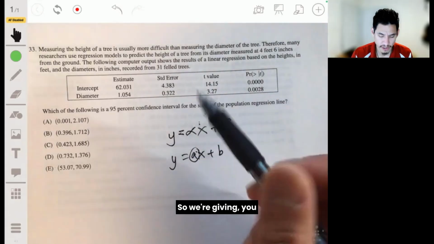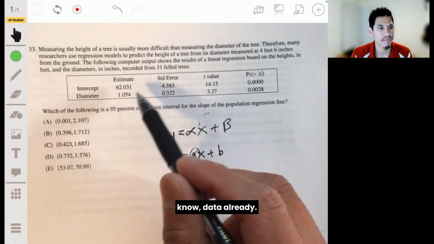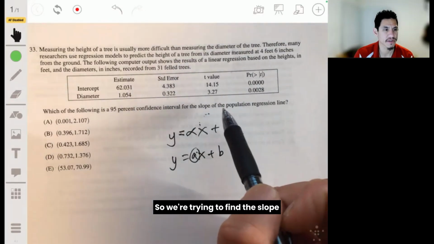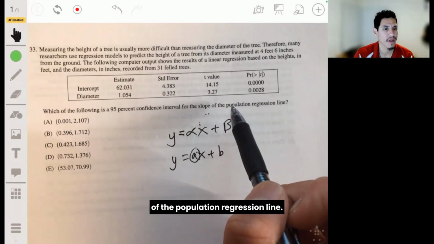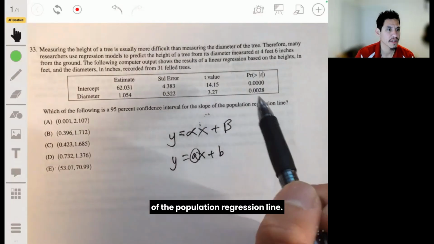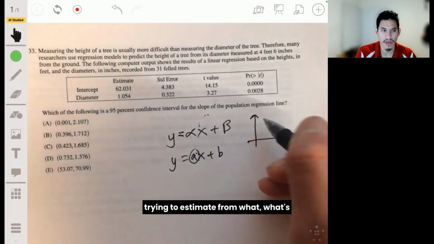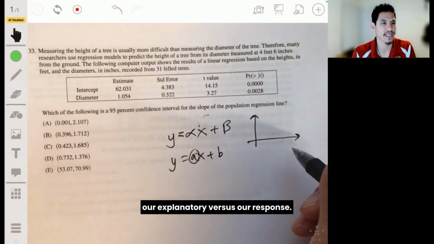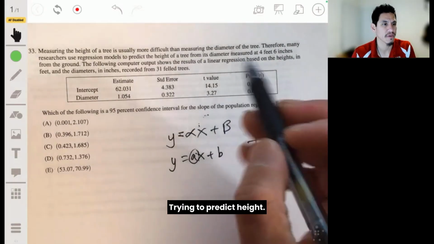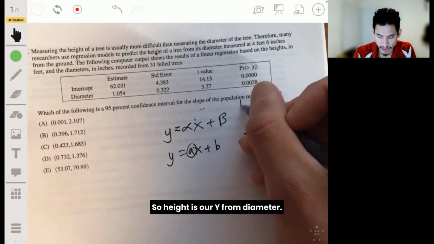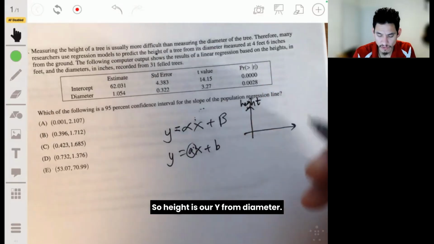So we're given data already, and we're trying to find the slope of the population regression line. Let's pay attention to what we're trying to estimate from what. What's our explanatory versus our response? We're trying to predict height, so height is our y, from diameter.